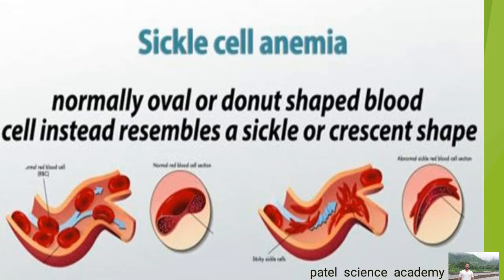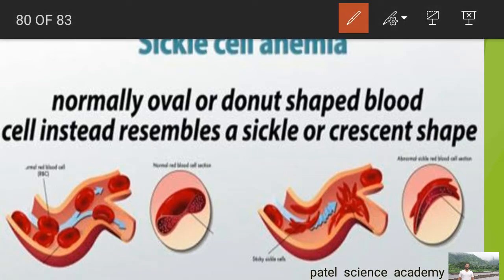So in this disease, sickle cell anemia, the RBC of the human body gets converted into sickle shape. You can see here the conversion of the RBC into sickle shape, and this is the normal shape.